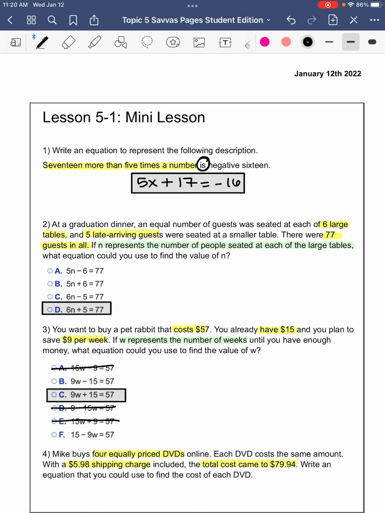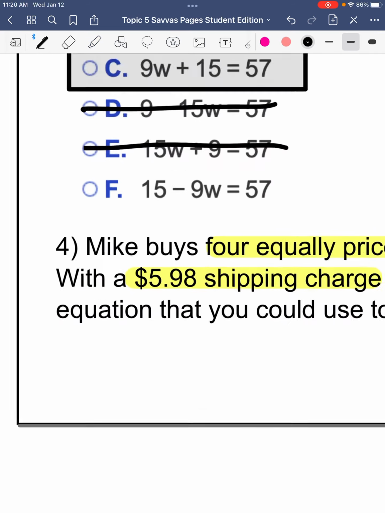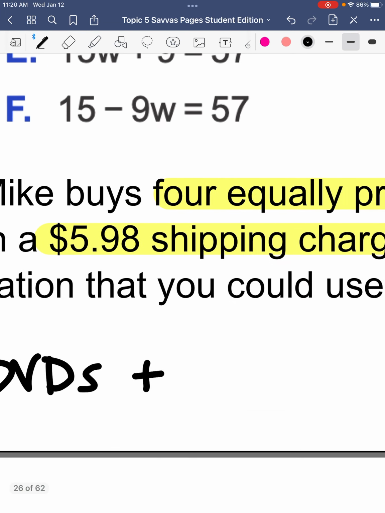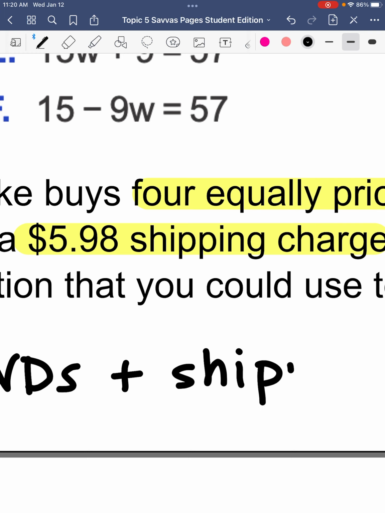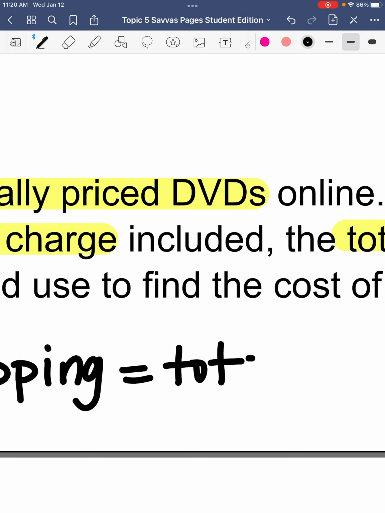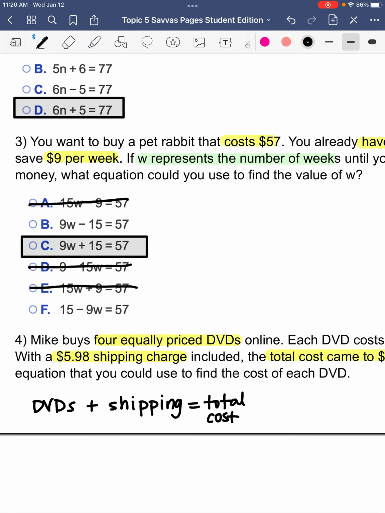Now, when we think about this equation, would it make sense to say that the DVDs plus shipping equals the total cost? So think about that for a minute. The DVDs that you're buying plus the flat shipping rate equals the total cost. Yeah, that makes sense. So it does not tell us what variable to use, but let's maybe use D for DVDs.